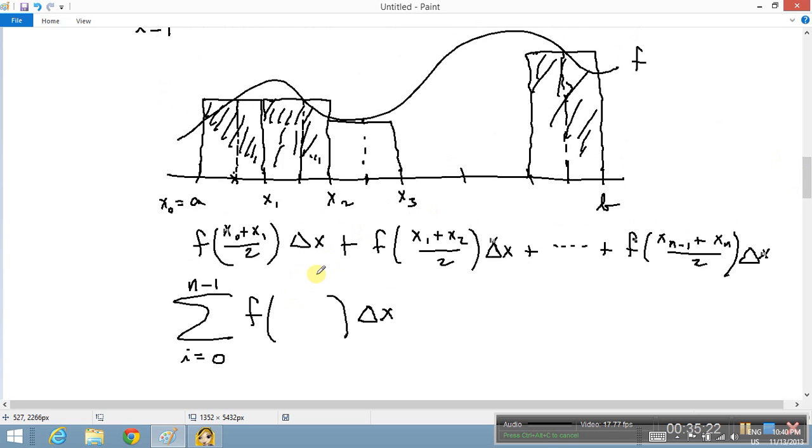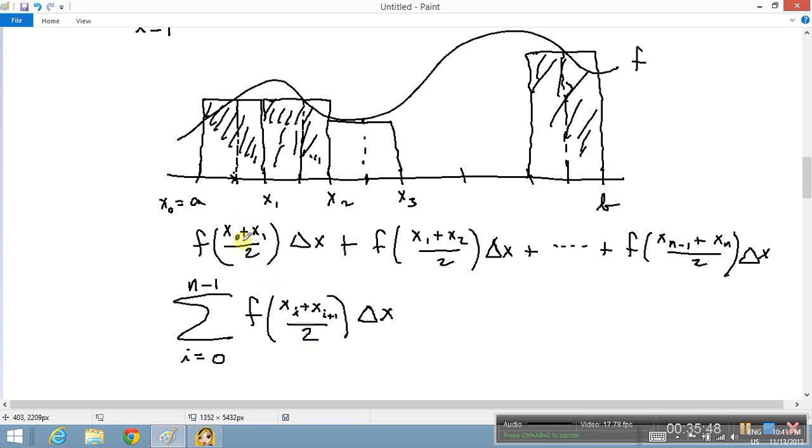So I'm adding up things that look like the average of x sub i, and this is a little tricky, x sub i plus 1, divided by 2. Now this is bookkeeping. x sub i is originally x0 when i equals 0, and x sub i plus 1 will be x1. So this means x0 plus x1 over 2.